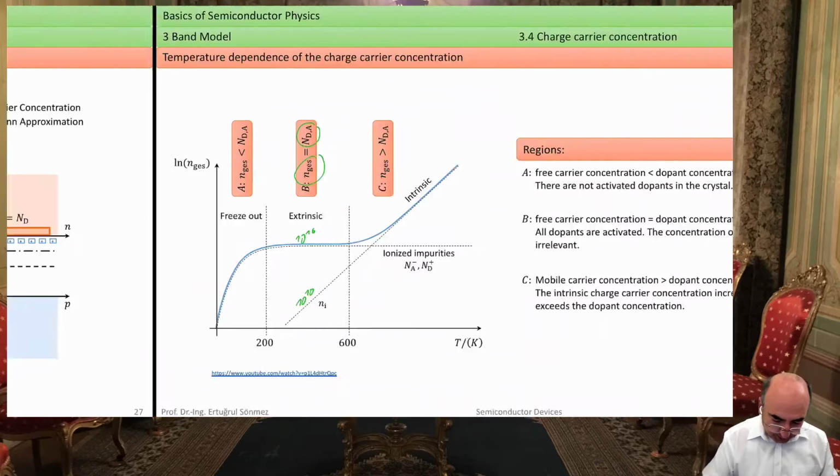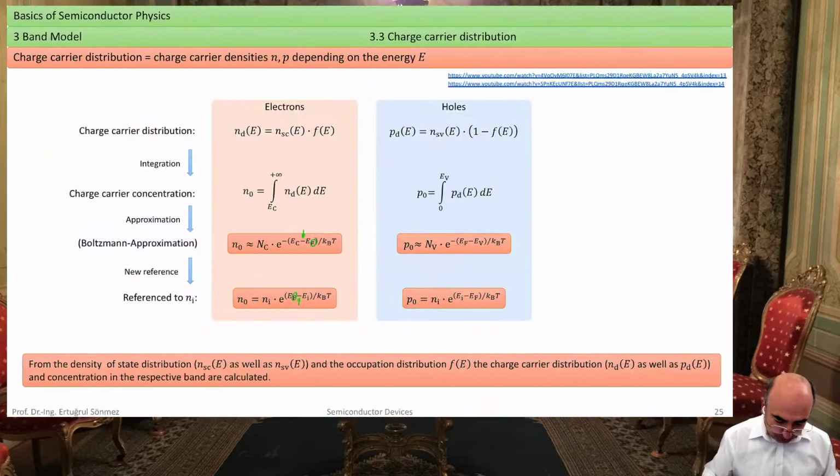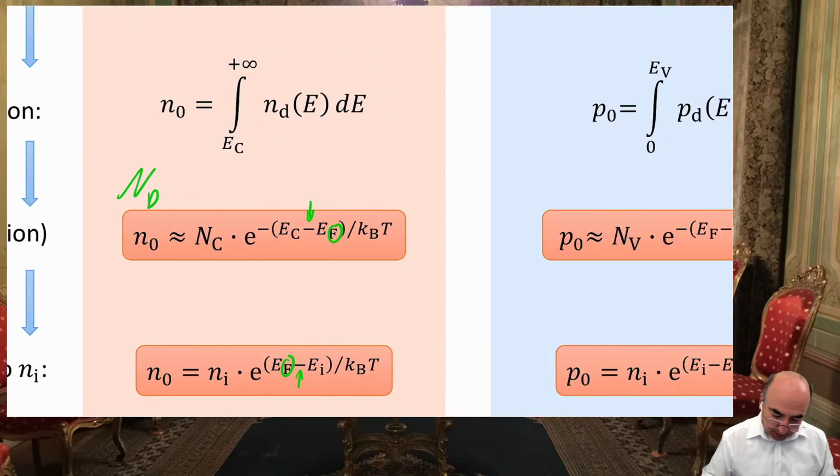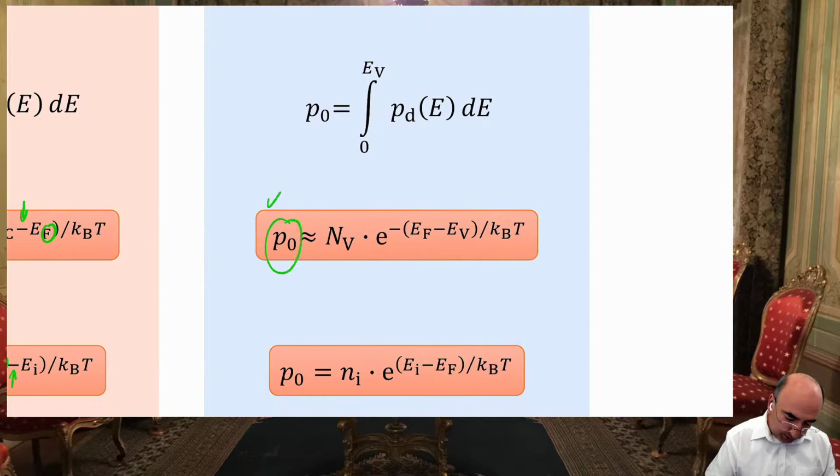Okay, so these are the same topics like we have had here and here. So if you know this value is ND and this value is NA.